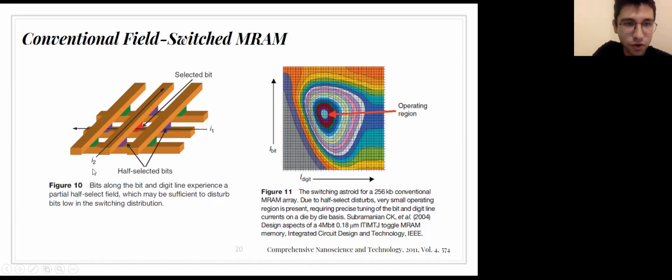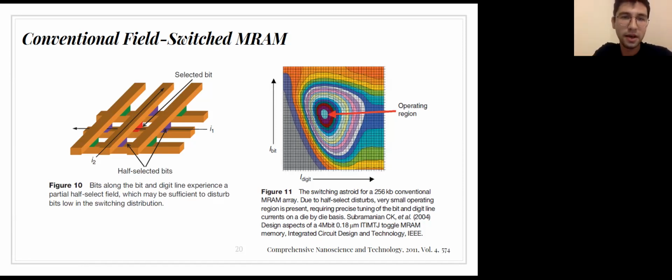So we give I1 and I2 as you see, but this causes a problem called the half select problem. When we give I1 here, for example, we also affect the other cells that we don't want to change. And because of random fluctuations, thermal effects also cause precessional torque, and that may cause deorientations that we do not want.